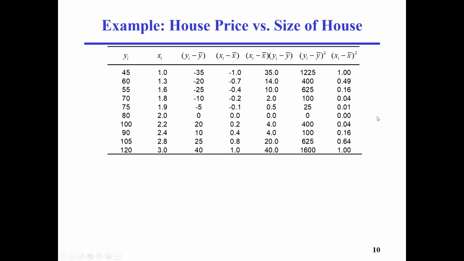So here we list everything we need, using several columns. Column 1 is for Y. Column 2 is for X. Column 3 is the difference between each observation of Y and the mean value of Y. Similarly, column 4 is the difference between each observation of X, which is size, and the mean value of X. Column 5 is the product of column 3 and column 4.